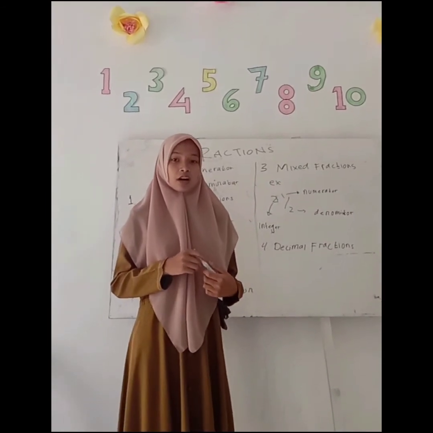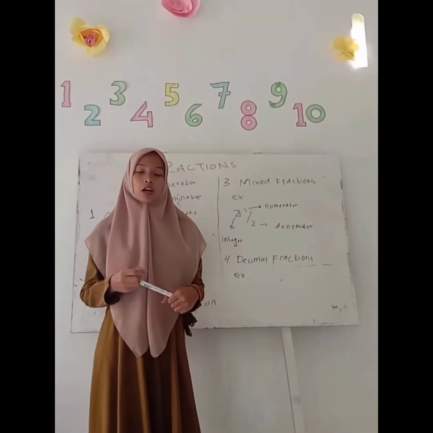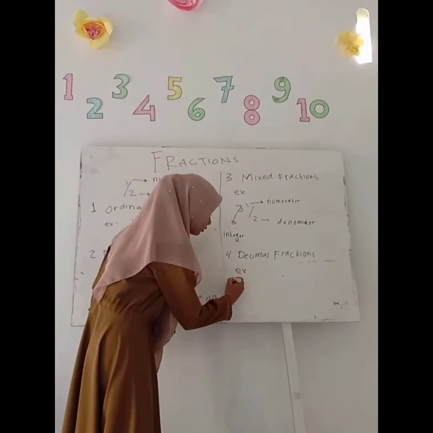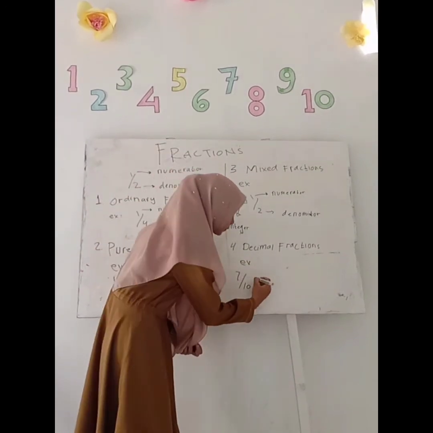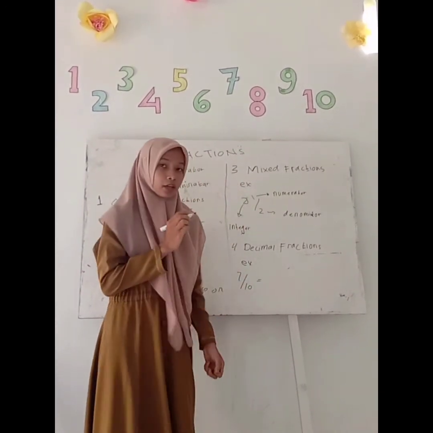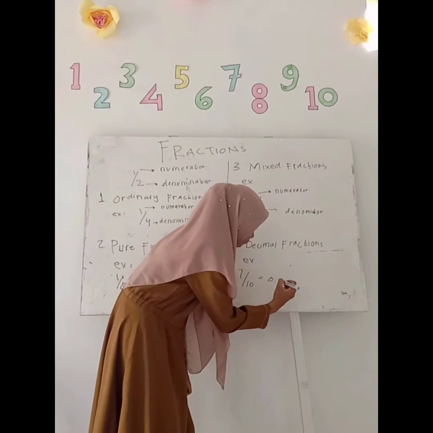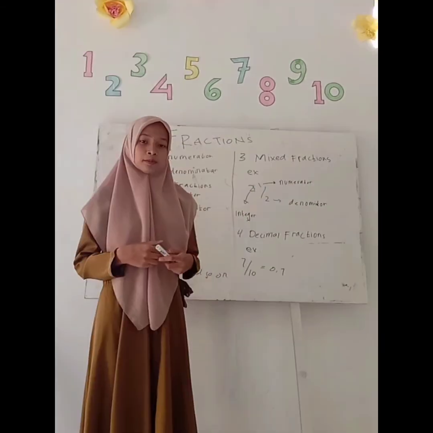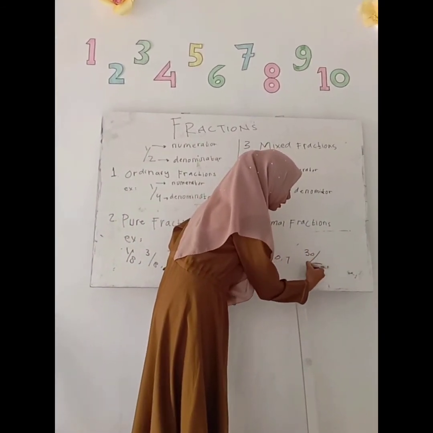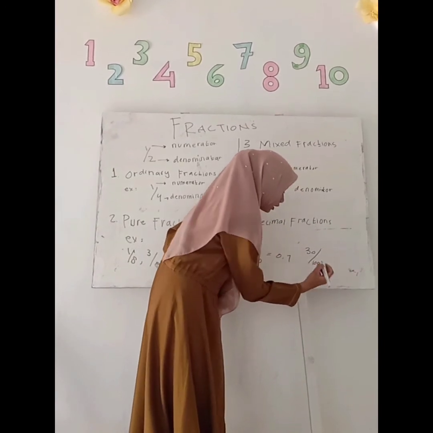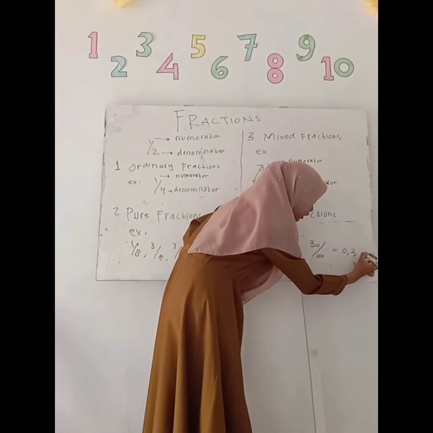Decimal fractions are generally marked with a comma. Example, of tenths, 7/10 is equal to 0.7. Next, per hundred, 30/100 equals 0.30.